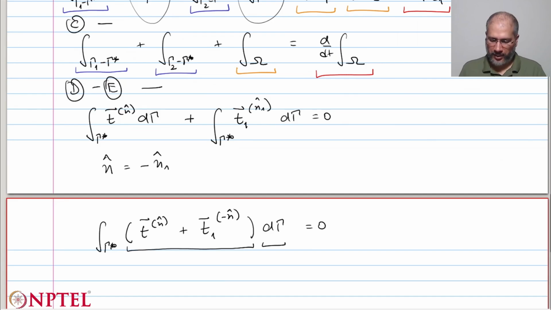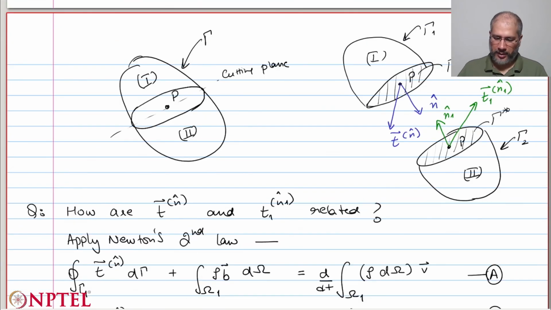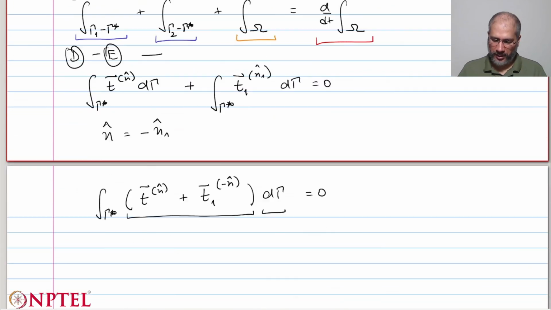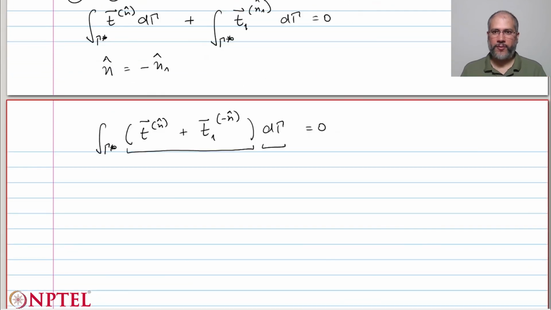But we also know that the choice of the actual body, the whole body that we're talking about, was ours. I mean, this could actually be a subset of the actual body. Even then, the discussion holds. So the choice of gamma star for the integral was arbitrary. So if gamma star in the integral over an area is arbitrary, then the integrand has to be identically 0 everywhere on gamma star.